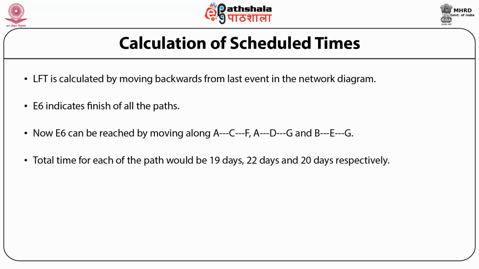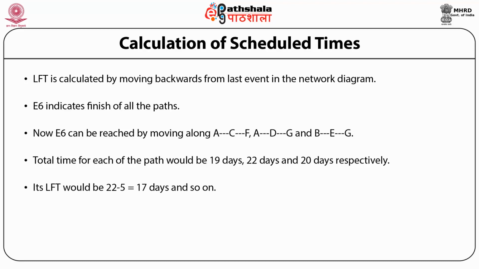As the project cannot be finished till all activities are completed, the LFT of E6 would be 22 days. Moving backward, C finishes at E4, its LFT would be 22 minus 5 equal to 17 days, and so on.